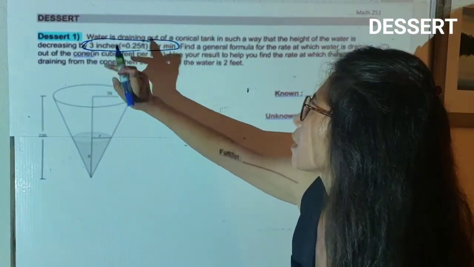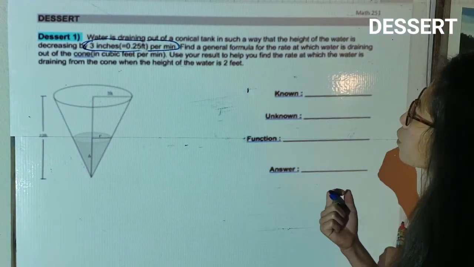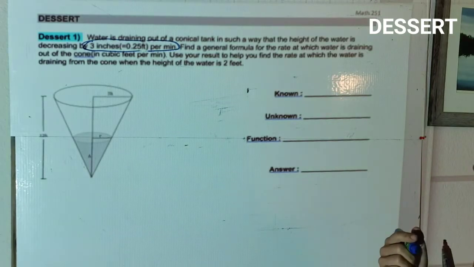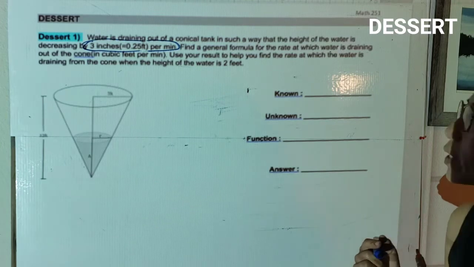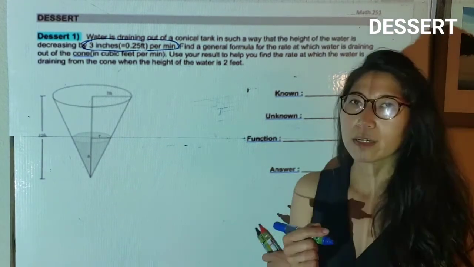Units are very important, right? That gives me if it's the original or derivative function. Find the general formula for the rate at which water is draining out of the cone, and use the result to help find the rate at which water is draining from the cone when the height of the water is 2 feet. Oh my god, how you guys are understanding.